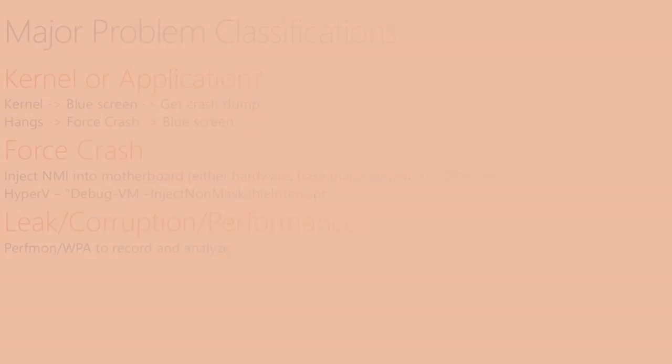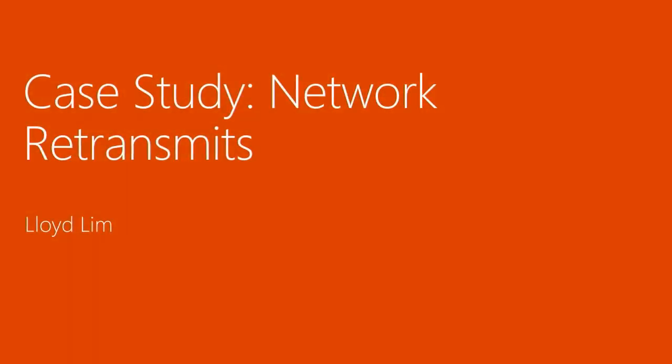All right, so let's start off with the first case study. Okay? Network retransmits. So what does this mean? Now, if you think back to how TCP works, not UDP here, TCP itself, right? The way TCP works is that for every packet that you send out to somebody, there's an acknowledgement sent back, correct? The packets do not necessarily get there in order.